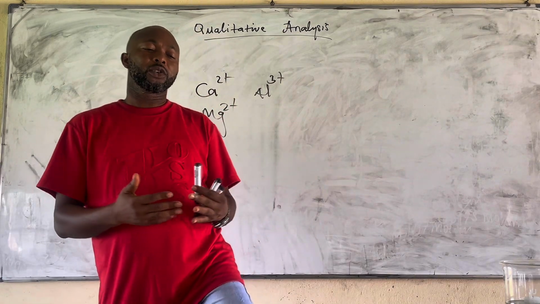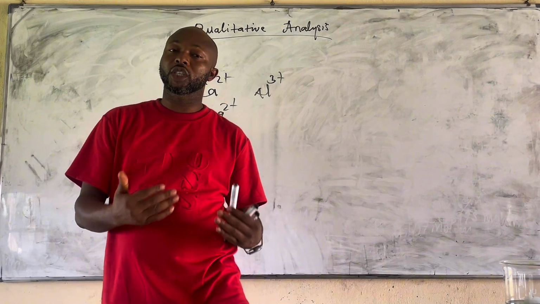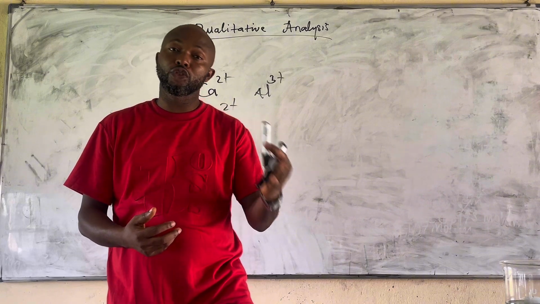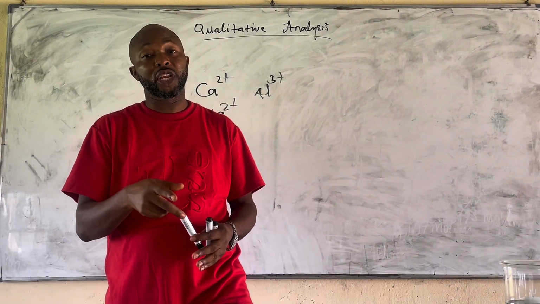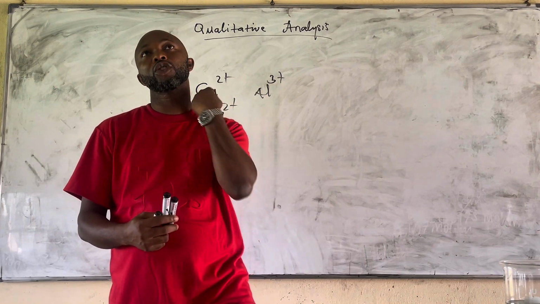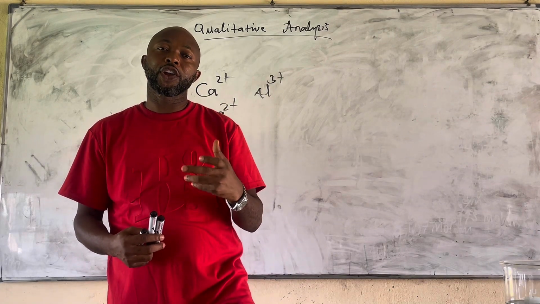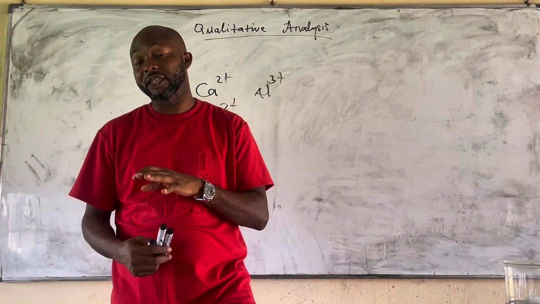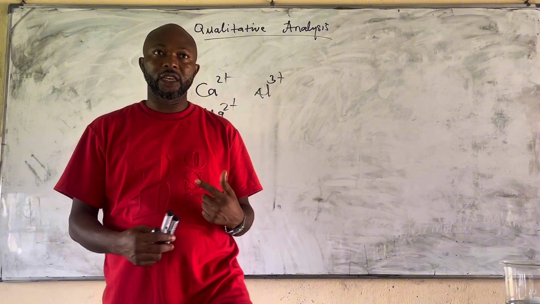Now, for us to be able to determine the presence of these cations in a particular salt sample, we have two basic reagents which we can use: sodium hydroxide and aqueous ammonia, which is ammonia in water. We will check stepwise the various test observations and the inference when we use particular cations.